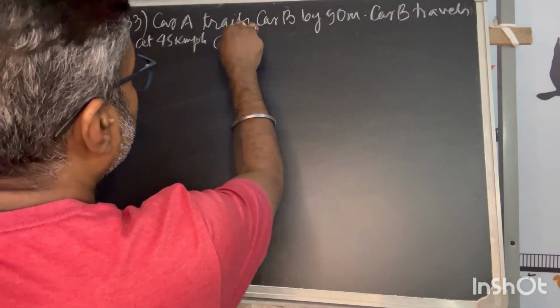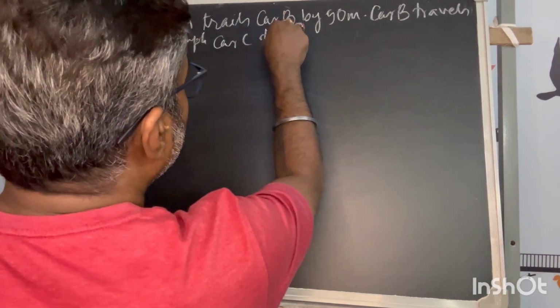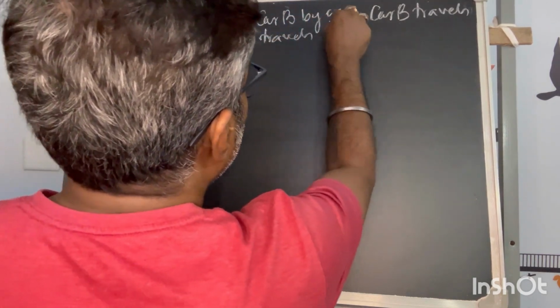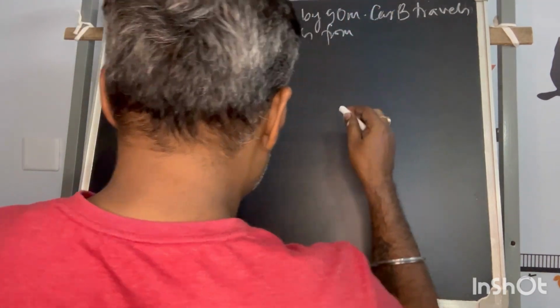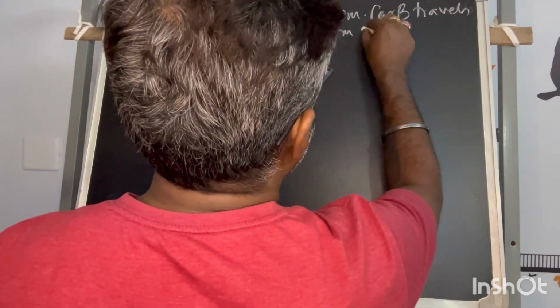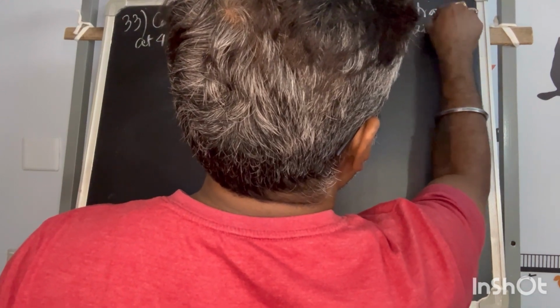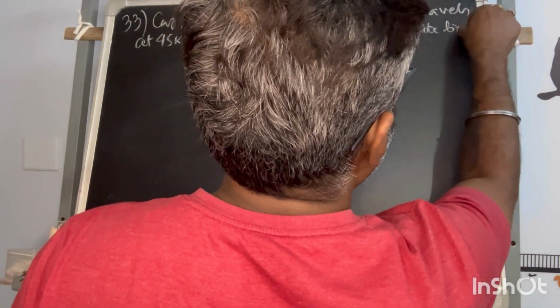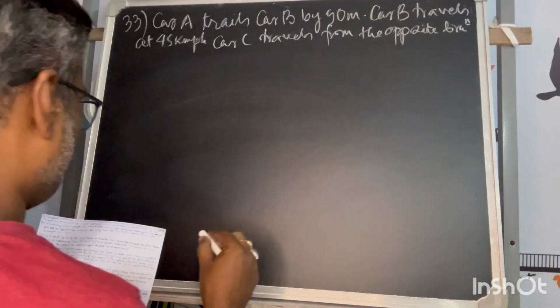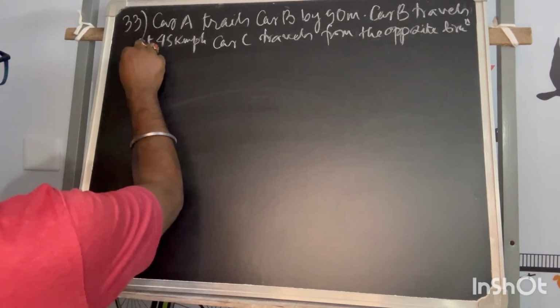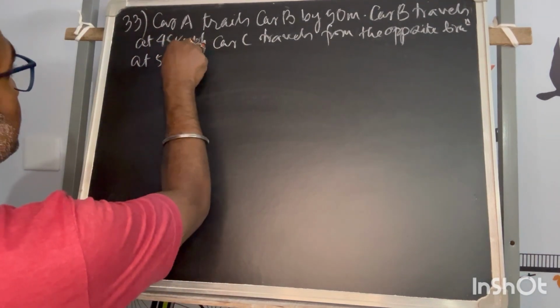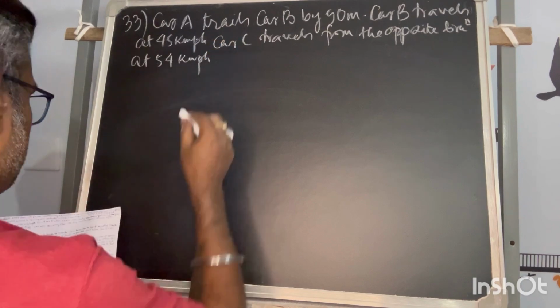Car C travels from the opposite direction at 54 kilometer per hour.